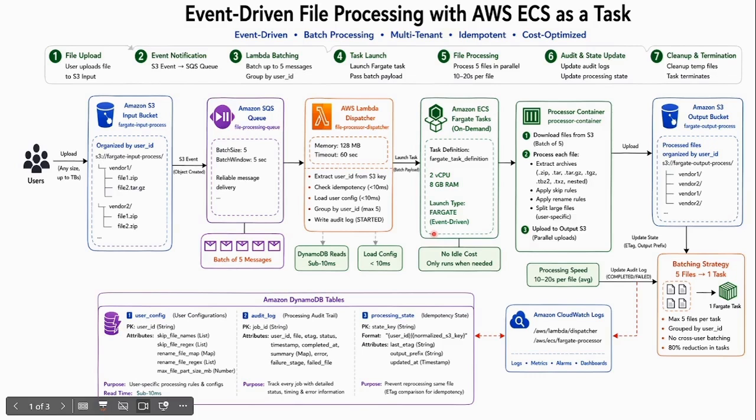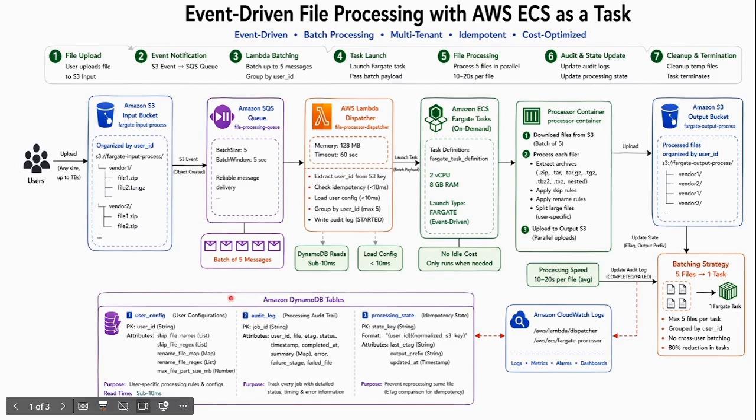Finally, it will be uploaded into the output bucket. This will be the entire flow, and we are using Amazon CloudWatch for the logs of the Lambda as well as the ECS.